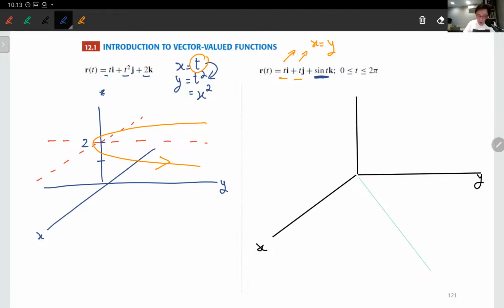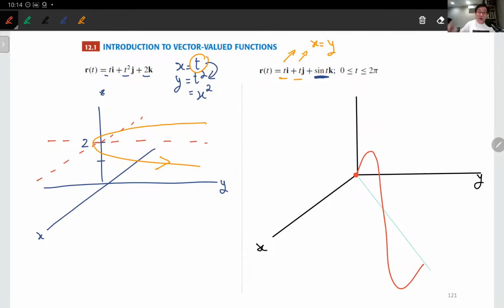So it's going to go like this. Start from 0, 0. Of course, sine 0 is equal to 0. And you're going to have, there you go. Not nice. Try again. That's better. You know what I'm saying here.